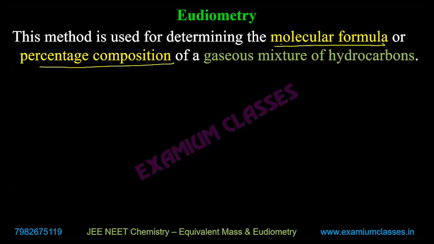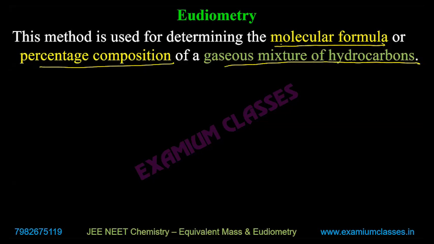If you know the molecular formula, suppose you know C2H6, you can calculate the percentage composition as well of a gaseous mixture of hydrocarbons. Okay. So whether it is 1 hydrocarbon or 2, 3 hydrocarbons, it will actually tell you the overall percentage, not of 1 hydrocarbon, but the overall percentage or the molecular formula of the entire mixture.